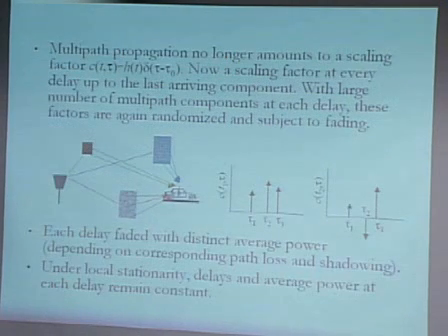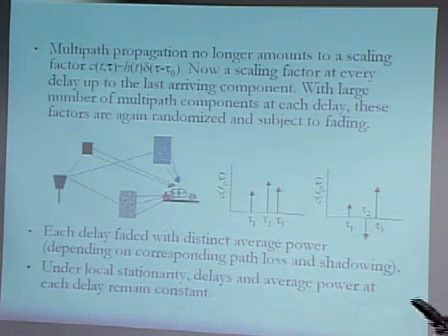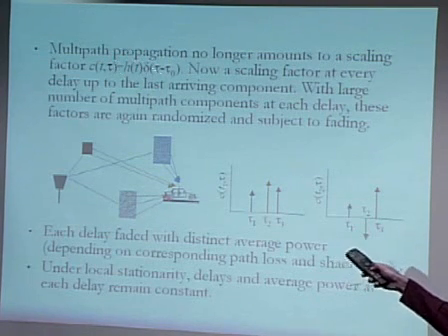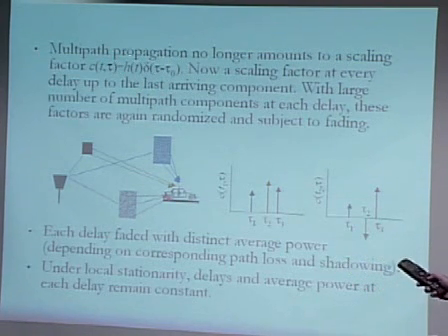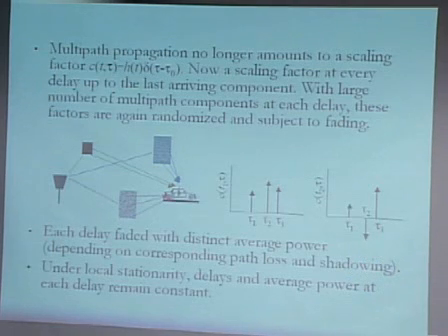Whereas in narrowband channels we had a pretty simple model, where the multipath propagation resulted in a constant delay for everybody and a random process, h of t, multiplying the signal. That's what we had in the narrowband case: the delay, and then multiplication by h of t, which was the fading. Now we have something more complicated.